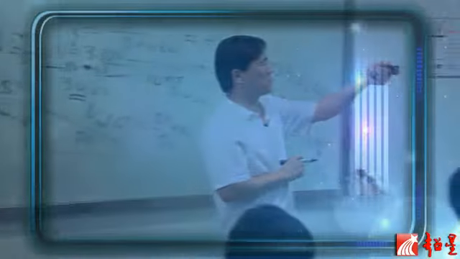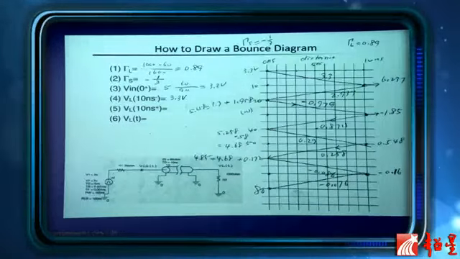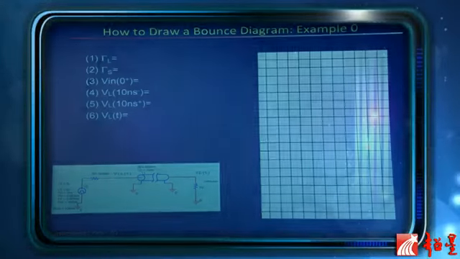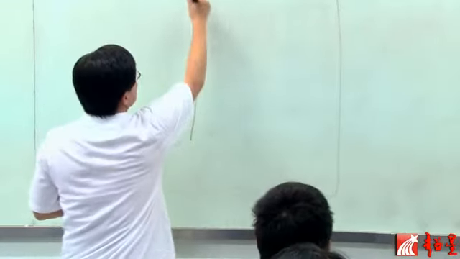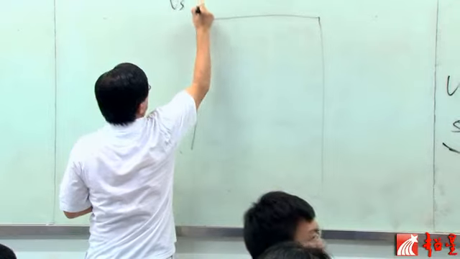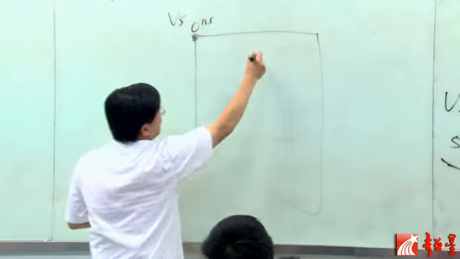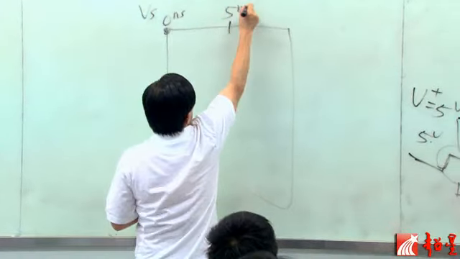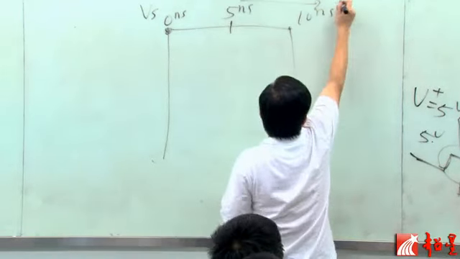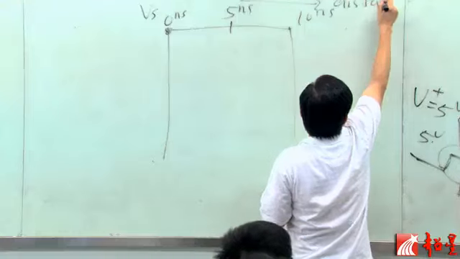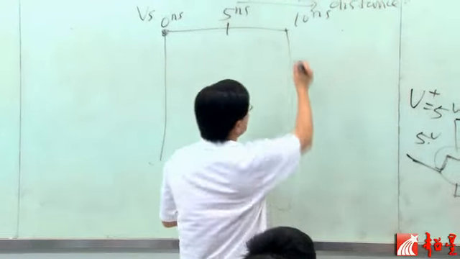Let's see how we did this. 5 and 10. So basically, you use this bounce diagram. This is the beginning. That's the source, that's 0 nanosecond. This is 5 nanosecond. This is 10 nanosecond. And this actually is called distance. So this is the load.